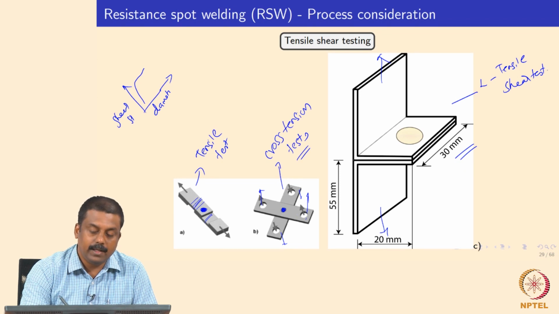So in this case we again identify the strength, the maximum stress or maximum load required to break the joint.